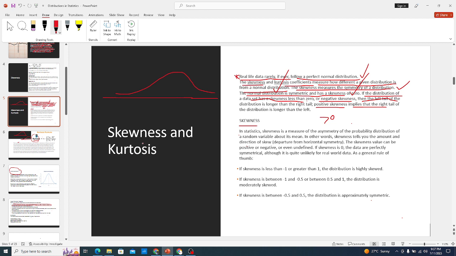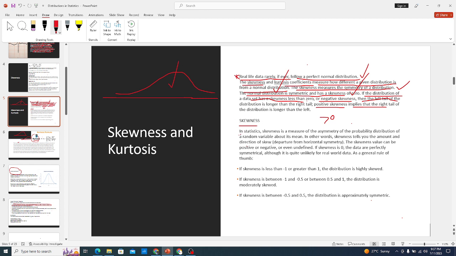So remember we said normal distribution. This is the illustration, or how it looks. It is a bell-shaped distribution.